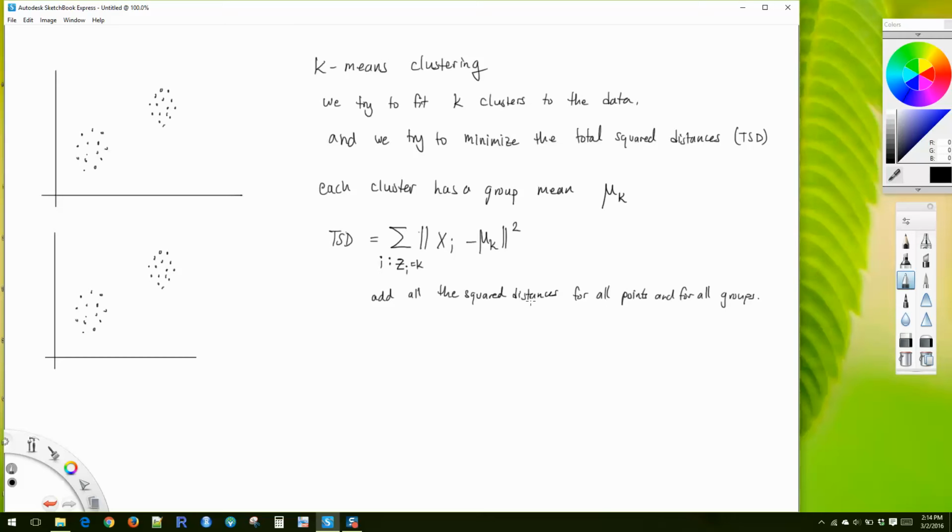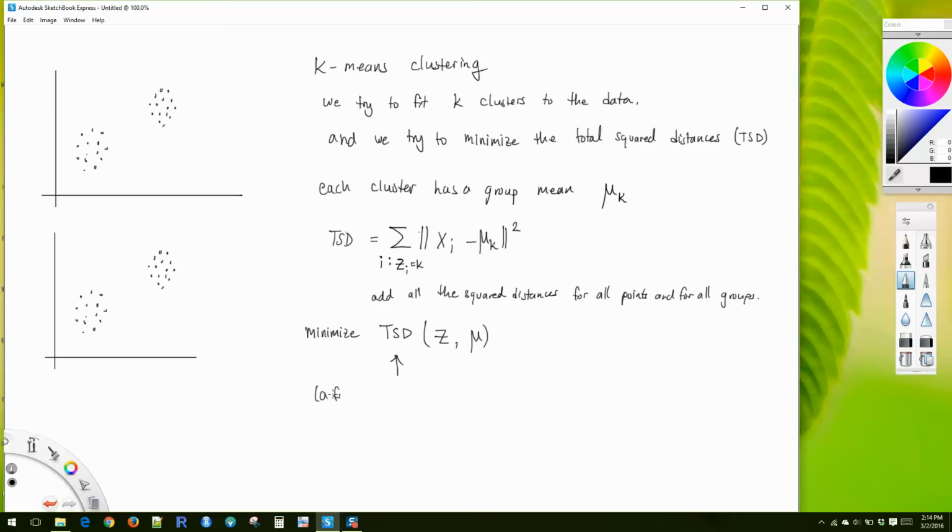Okay, and so we're going to try to minimize the total square distances, which is a function of z being our group membership and the location of mu. So minimize the total square distances.